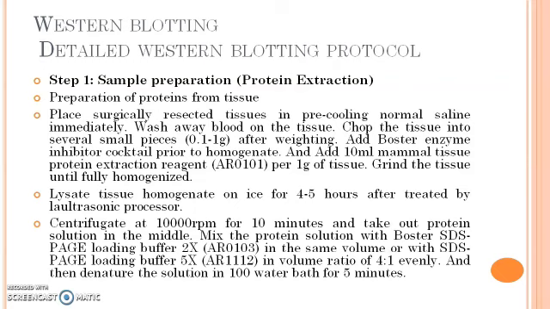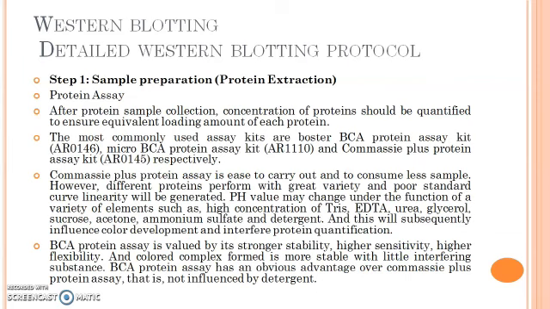Lactate the tissue homogenate on ice for 4 to 5 hours after treatment by a lateral sonic processor. Centrifuge at 10,000 rpm for 10 minutes and take out the protein solution in the middle. Mix the protein solution with Booster SDS-PAGE loading buffer 2 times in the same volume, or with SDS-PAGE loading buffer 5 times in a volume ratio of 4:1 evenly, and then denature the solution in a 100-degree water bath for 5 minutes.